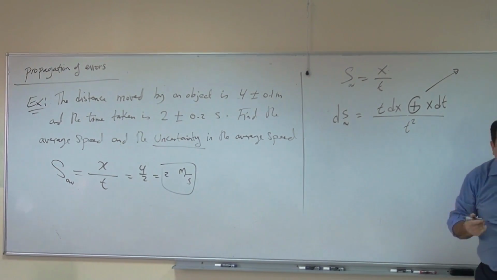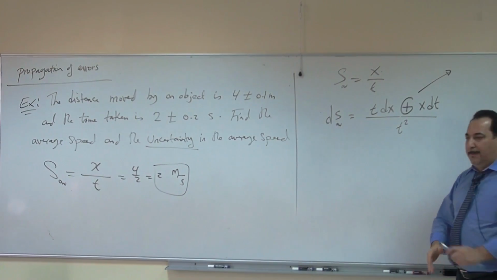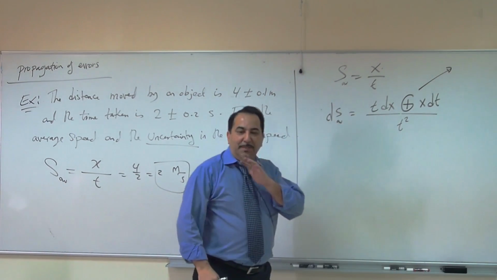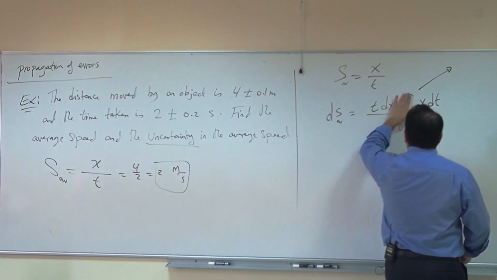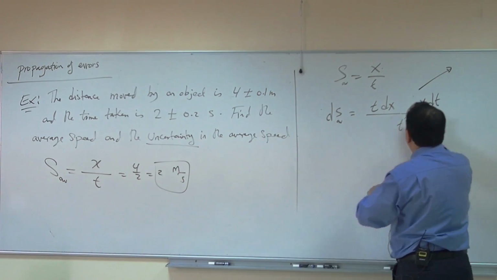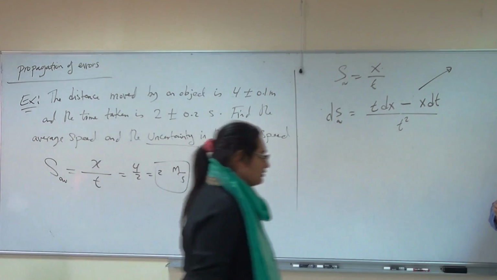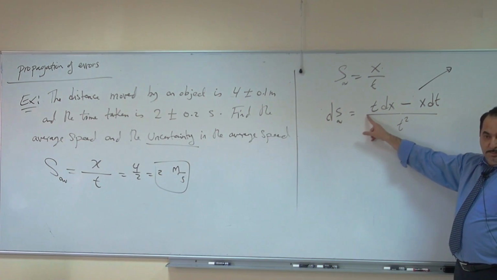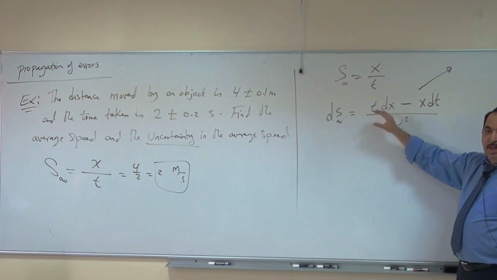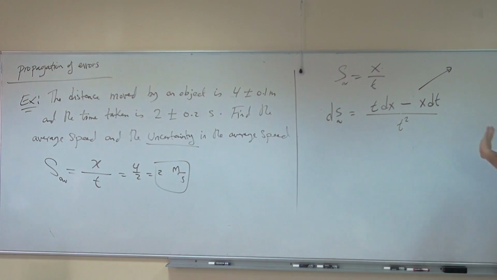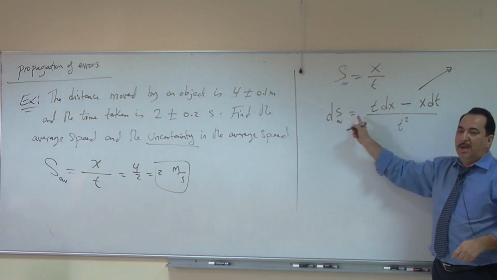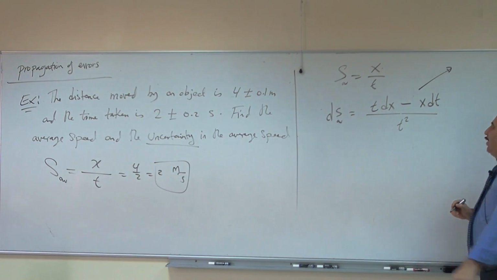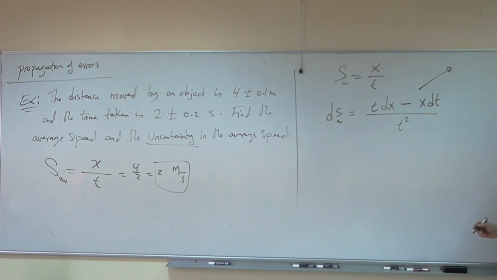Of course, you'll ask why, yeah? Why? Imagine it's minus, not a plus. Let's say you multiply T by dx, and the answer is, not this question, general, 3. And when you multiply x by dt, it is 3 as well.